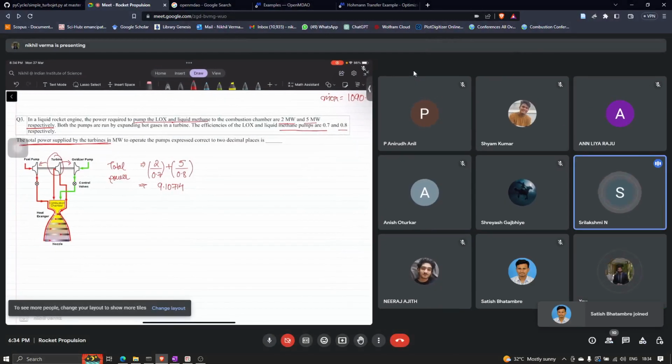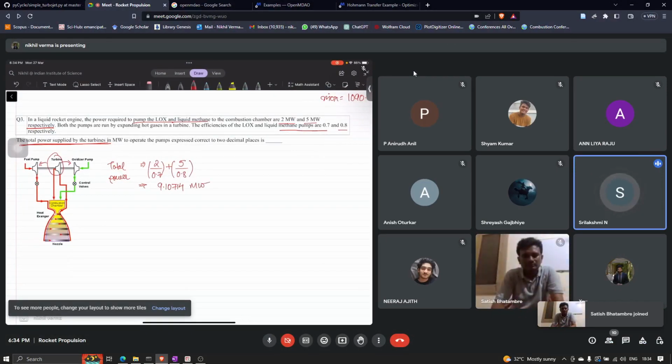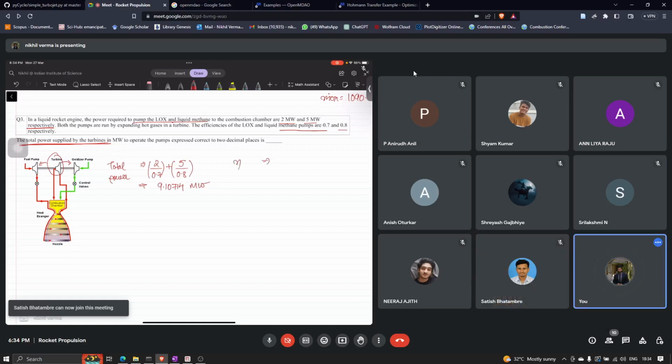One question: why is it 2 divided by 0.7 and not 2 times 0.7? The efficiency is given as the actual power divided by the theoretical or ideal power.